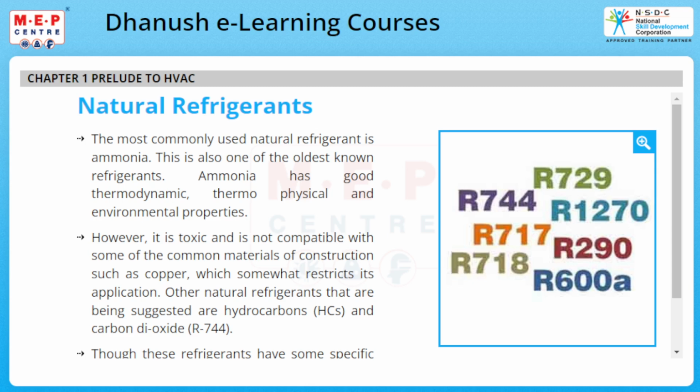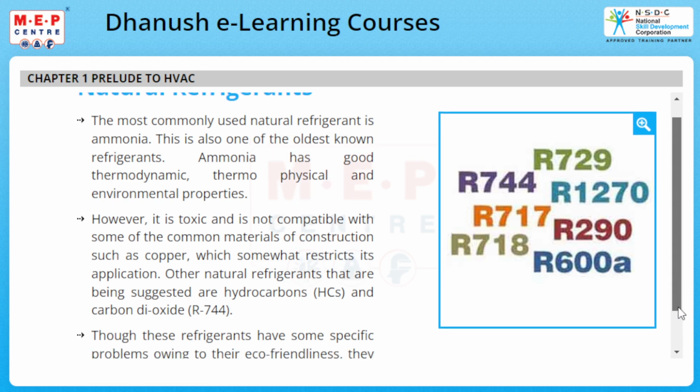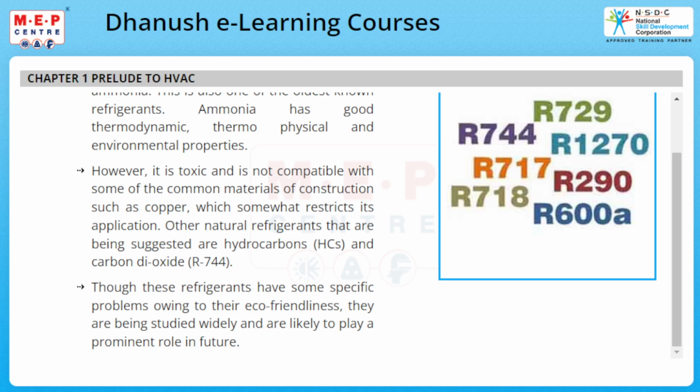Other natural refrigerants that are being suggested are hydrocarbons and carbon dioxide. Though these refrigerants have some specific problems owing to their eco-friendliness, they are being studied widely and are likely to play a prominent role in future.